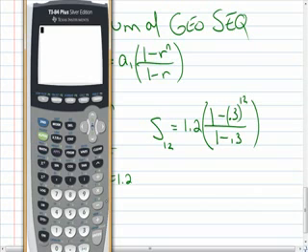You could do it in steps. Or you could do it all at once. And you have 1.2 times the quantity. Open the top. 1 minus 0.3 to the 12th, close the top. Divided by, open the bottom. 1 minus 0.3, close the bottom, close the quantity. 1.714.